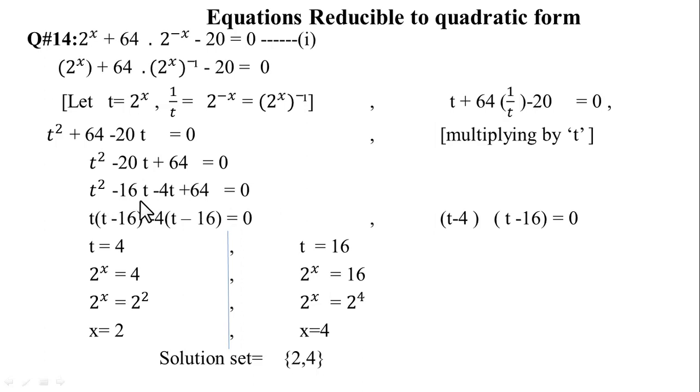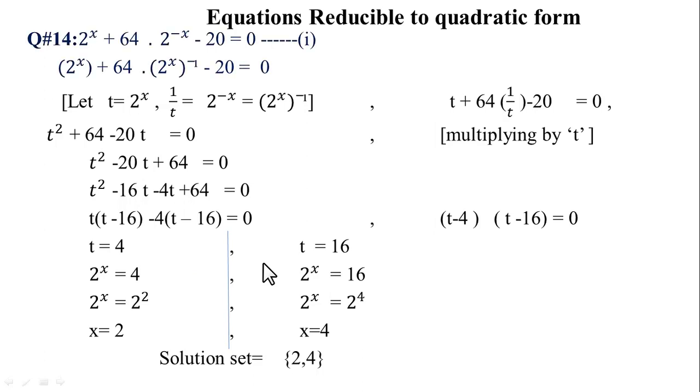Taking common t from the first two terms, t into t minus 16, and minus 4 from the next two terms, then minus 4 into t minus 16. So we have two factors, t minus 4 into t minus 16. Either t minus 4 is equal to 0 or t minus 16 is equal to 0. So t is equal to 4 and t is equal to 16.